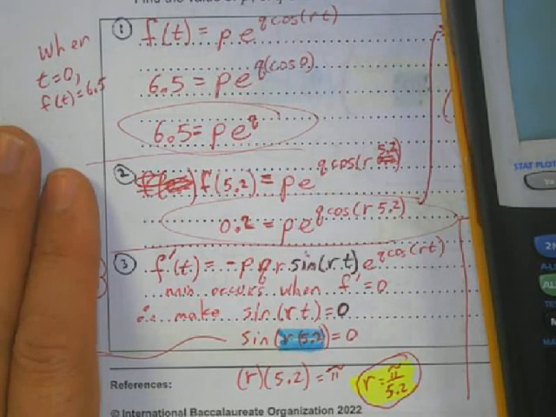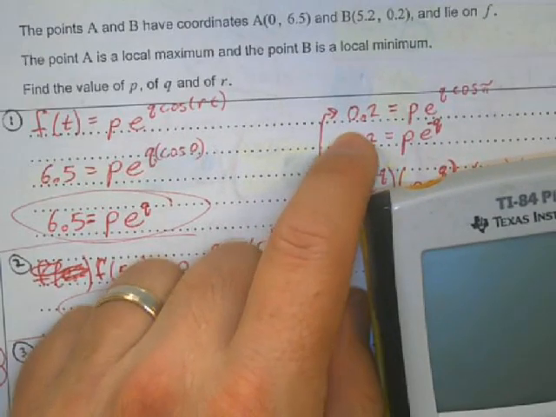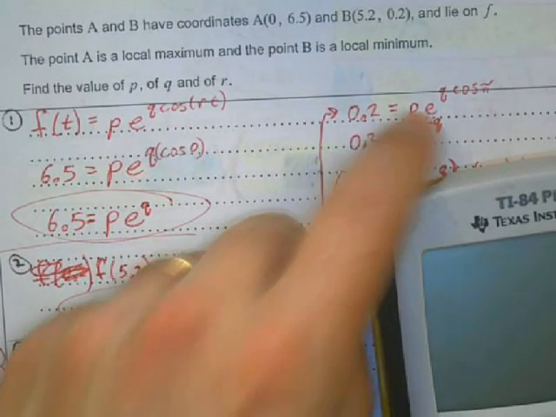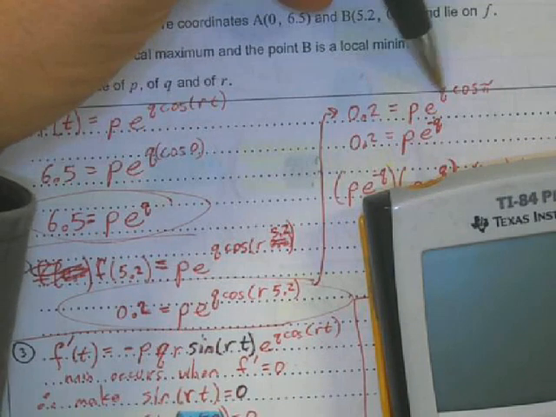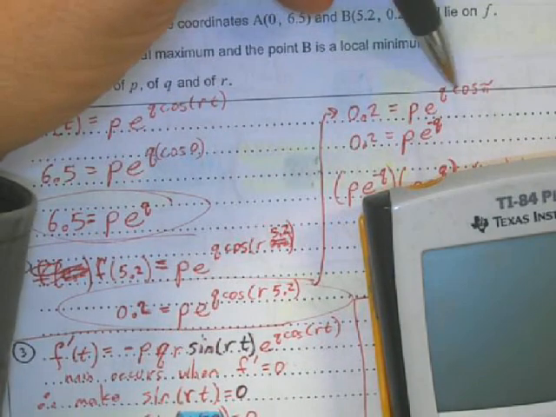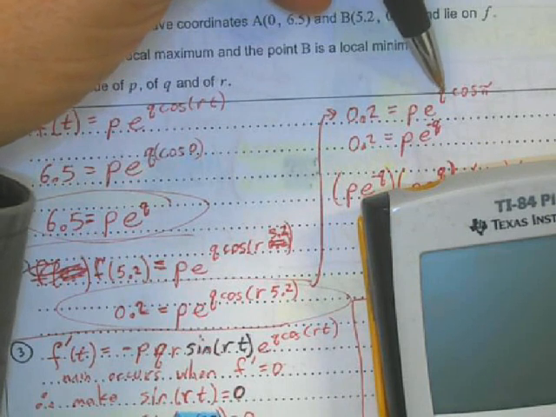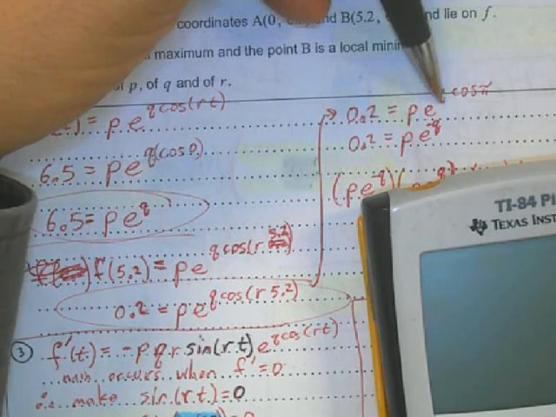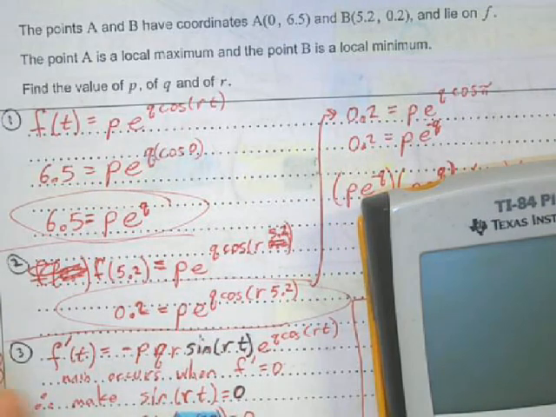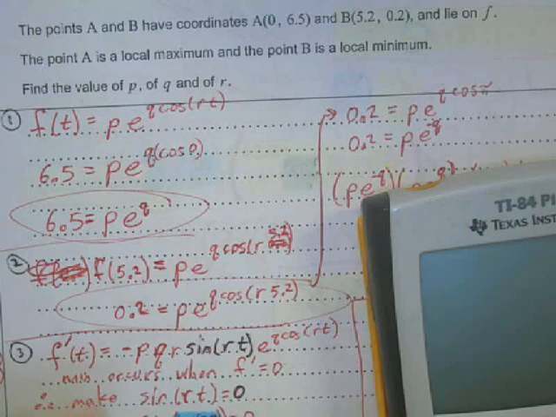Okay, so let's look at this other point here. We've got 0.2 equals p times e to the q cosine pi. Cosine pi, we know is equal to 0, right?